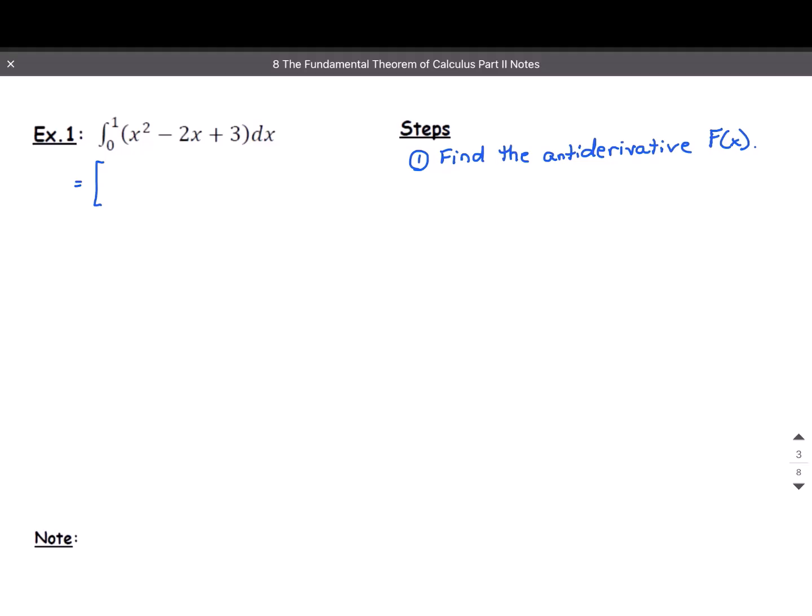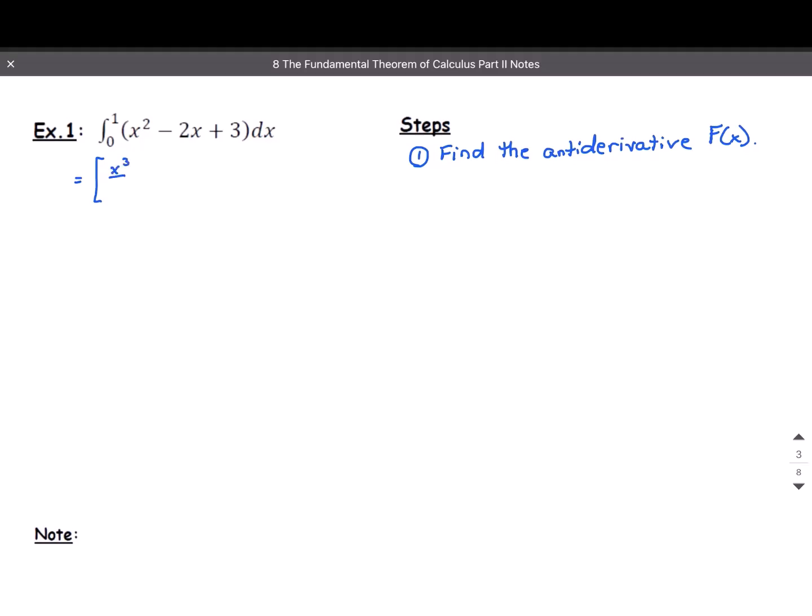The antiderivative of x squared is x to the third divided by 3 minus the antiderivative of 2x would be x squared plus the antiderivative of 3 is 3x plus, we always put a constant on our antiderivatives, right? And then notice now this is a straight up and down line because this is a "such that," such that the x's are evaluated from 0 to 1 because we're still on that integral. That's our such that. That's how we're going to know.